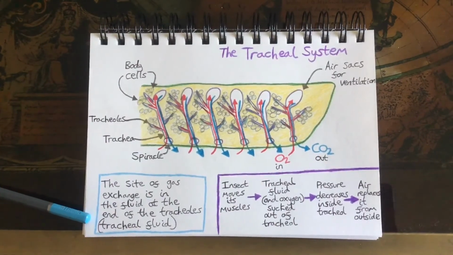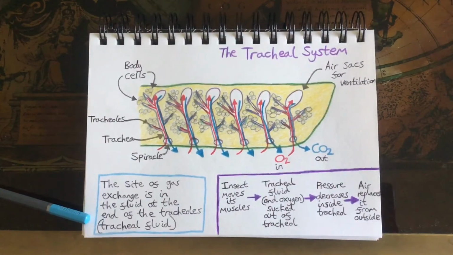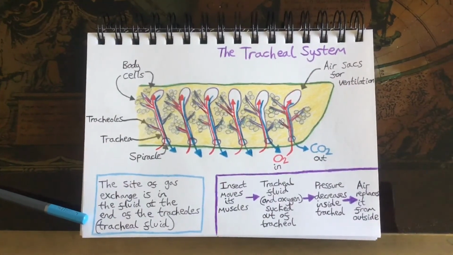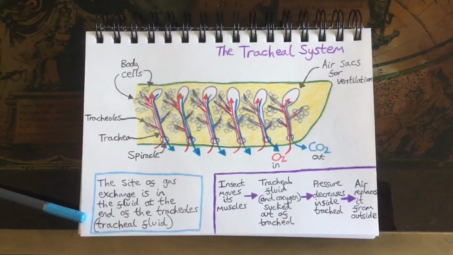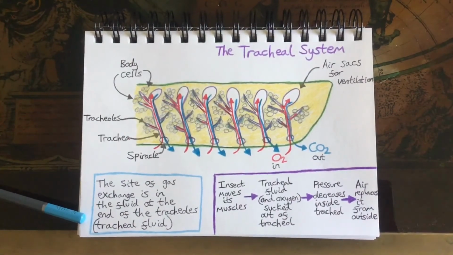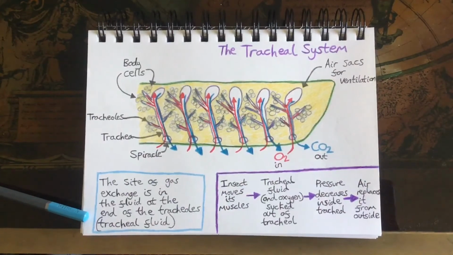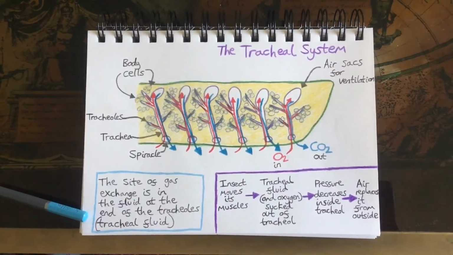So simple diffusion straight through the tracheal system is not necessarily efficient enough for these larger insects to get all of the oxygen that they need for respiration, and it's also not efficient enough to remove carbon dioxide so quickly.